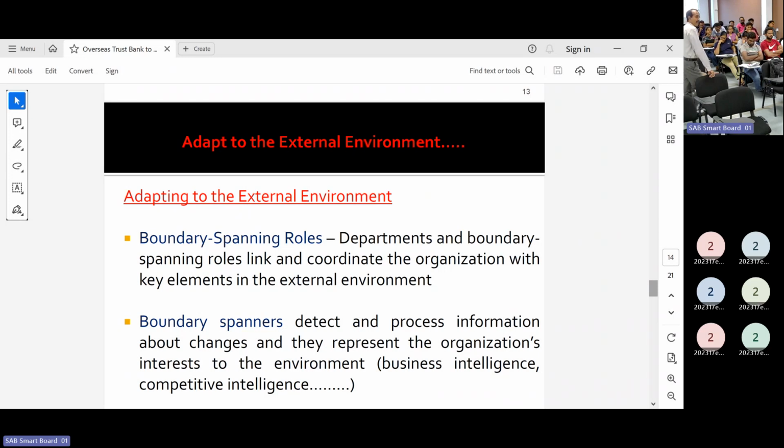Those roles can be played mainly by a department, or by people in different departments. That is to link the organization with the key elements in the external environment.